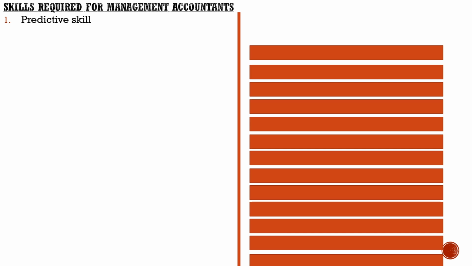According to the change in the business situation and the environment surrounding the management accountant, he is now expected to understand the business deeply and predict the impact of various factors on the business operations. Today, it makes more sense for a management accountant to be futuristic in his dealings rather than just analyzing the numbers in hindsight.